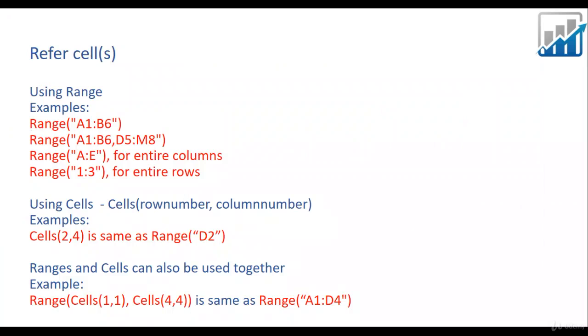As we had seen in our first recorded program, VBA translates selecting a particular cell using the range keyword over here. So for example, if I want to select all the cells between A1 to B6, this will be my command. If I write range A1 to B6, let's see how this will translate over there.